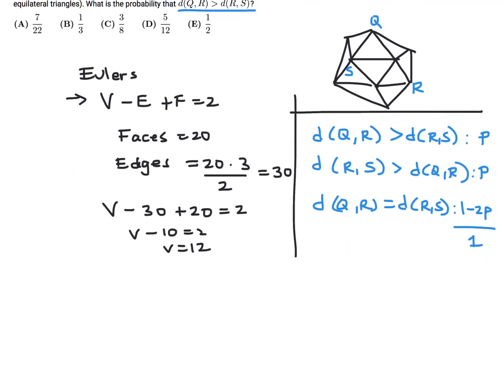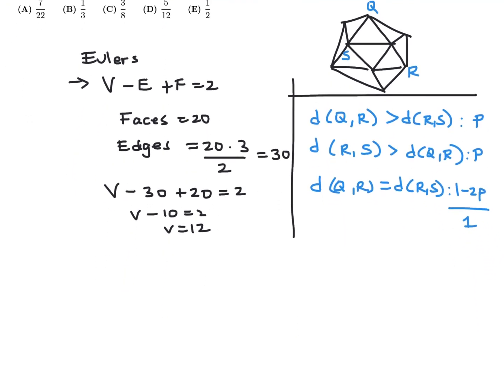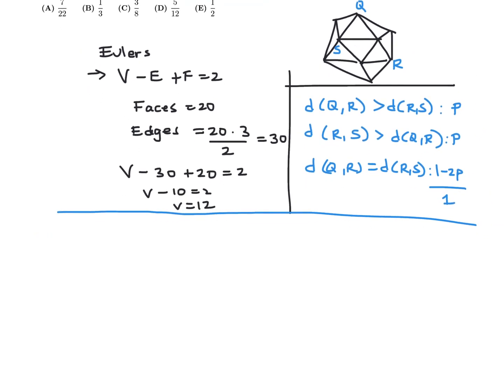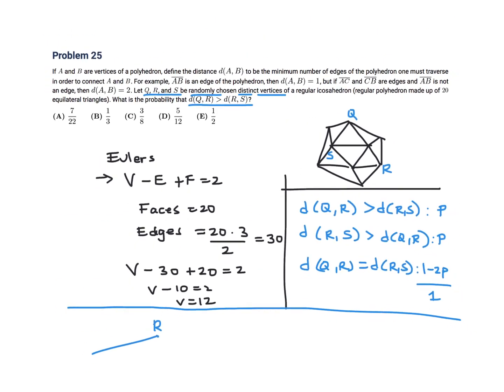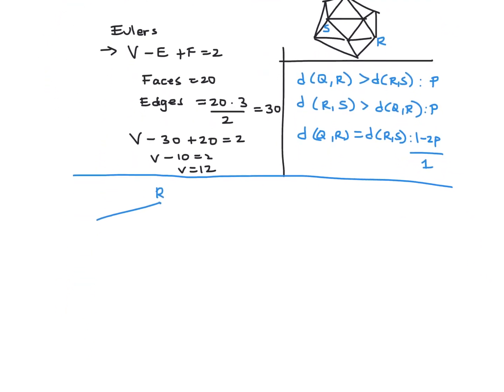Okay, so now let's try to see how we can draw this to make it make some sense. Let's say R is at the top, and then how many are there? 12. There are 12 vertices, right? 1, 2, 3, 4, 5, 6.